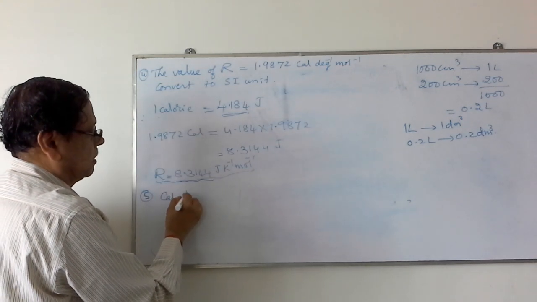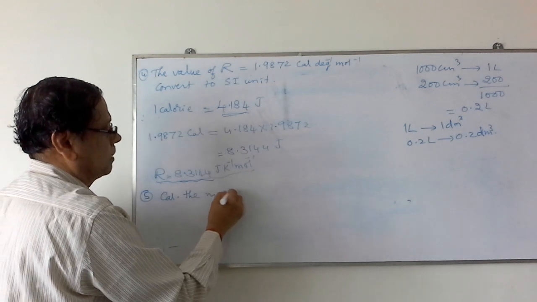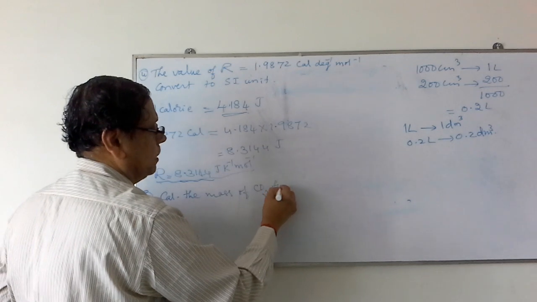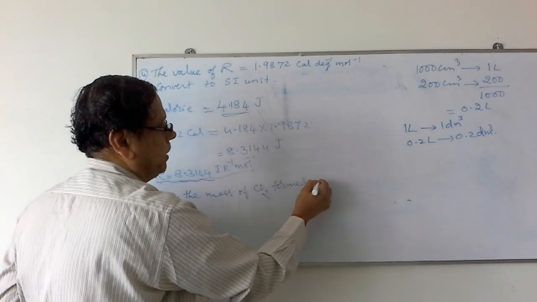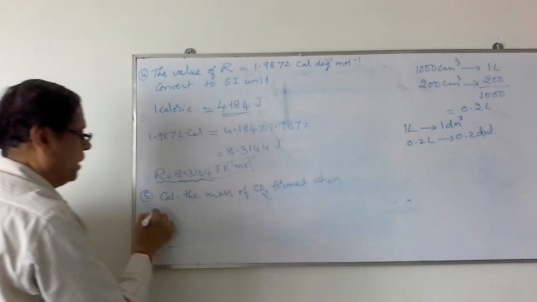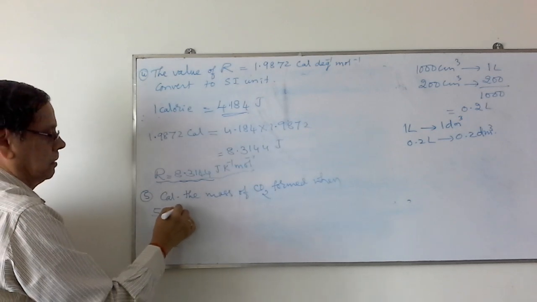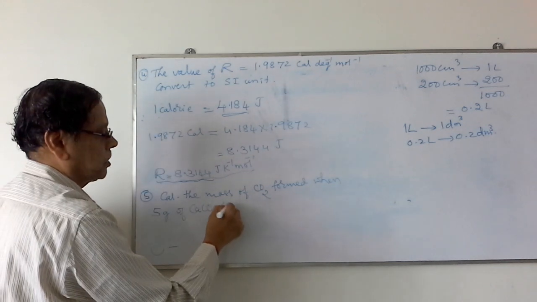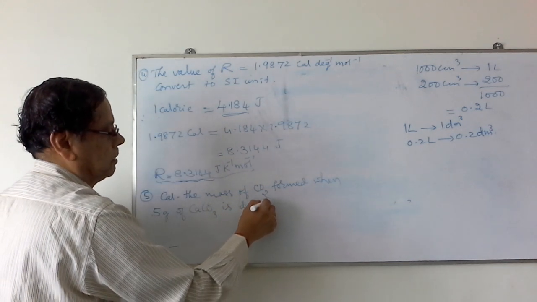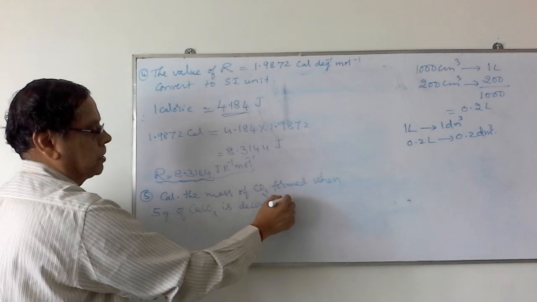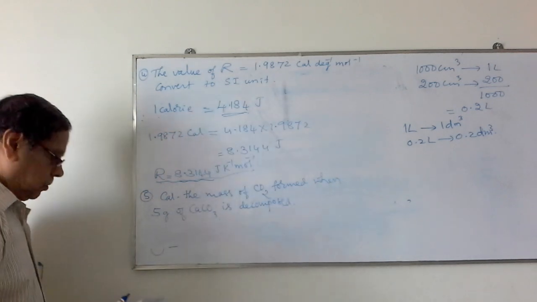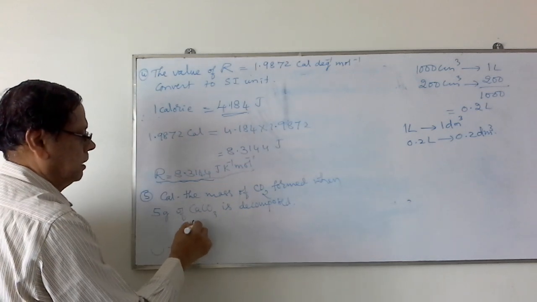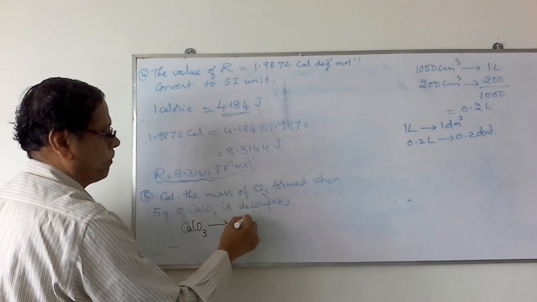Calculate the mass of carbon dioxide formed when 5 grams of calcium carbonate is decomposed. So to calculate this one now, we have given the equation CaCO3 giving rise to CaO plus CO2.